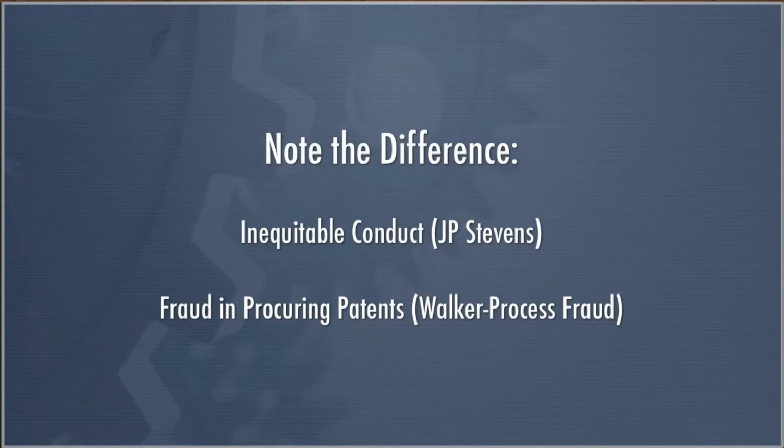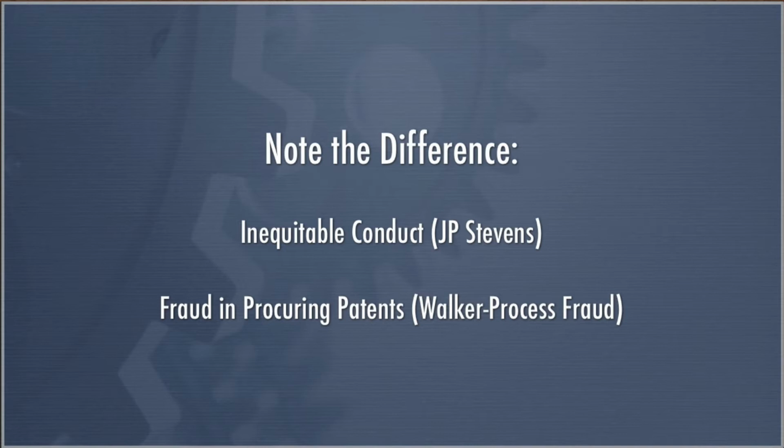So it is important to note that inequitable conduct is different than fraud, right? So inequitable conduct is not quite the same as fraud. There is a doctrine of fraud in procuring patents known as Walker process fraud. Walker process fraud is actually an antitrust violation, and we'll talk about that later in the course when we discuss antitrust violations with respect to patent.